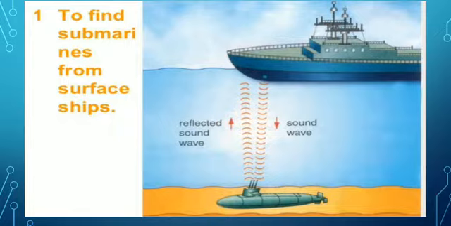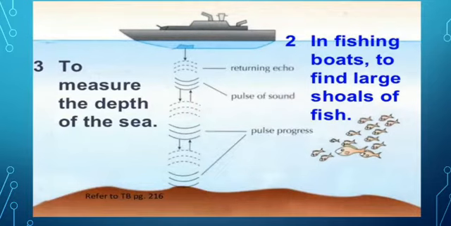Okay, students, and next, see this: to find the fishing zones. See, returning echo, this is the pulse of sound. The echo pulses are transmitted to the surface of the sea, and that surface reflects the echoes, and the echoes reach the receiver again.